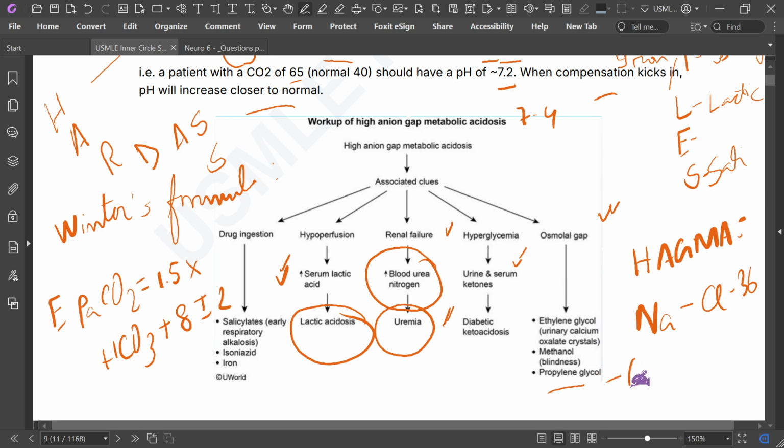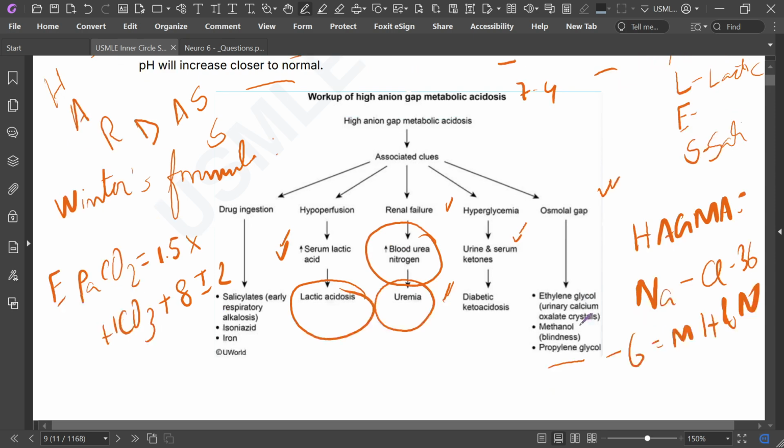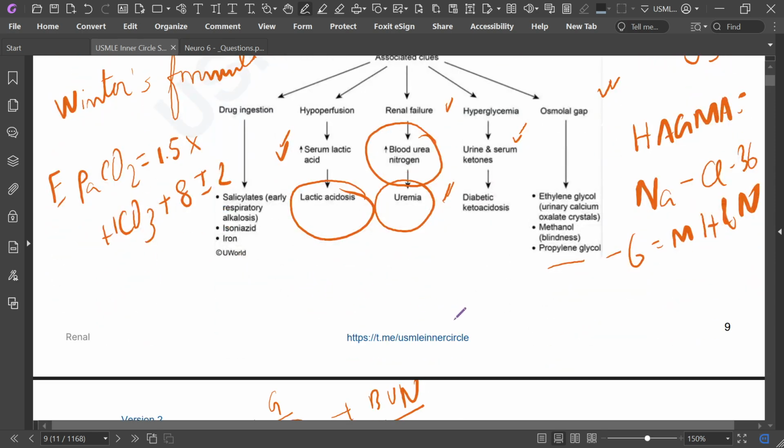If it is less than minus 6, it is mixed HAGMA and NAGMA.